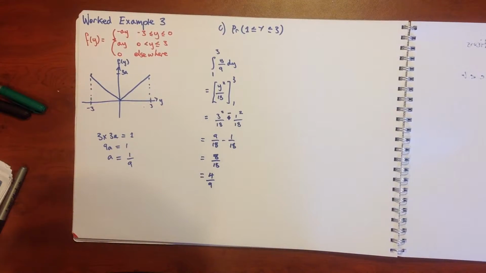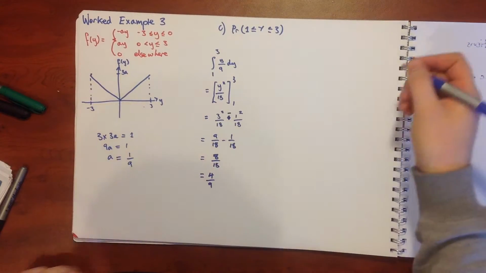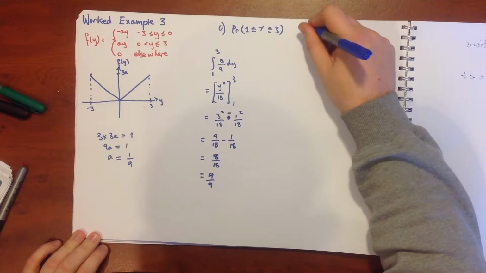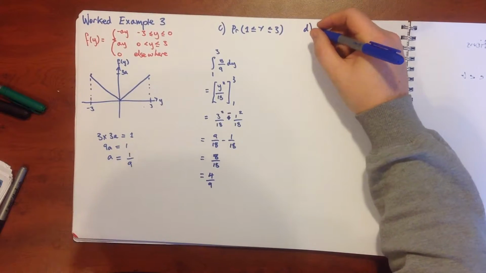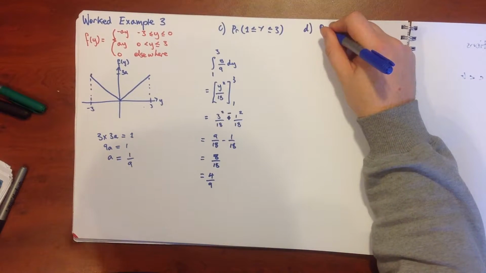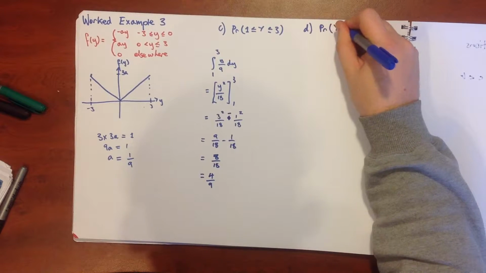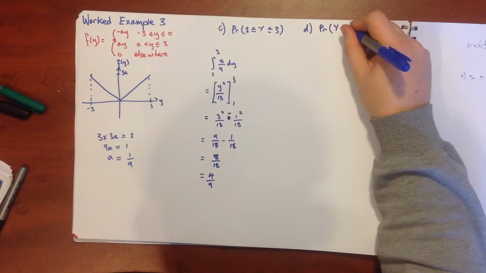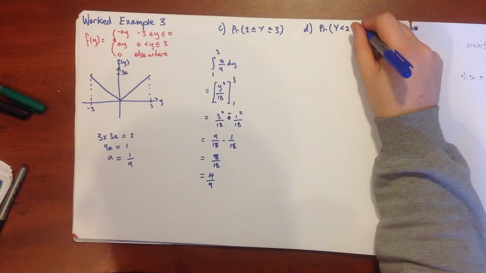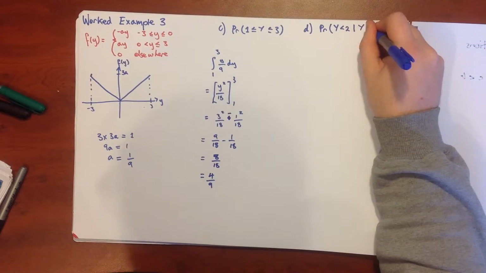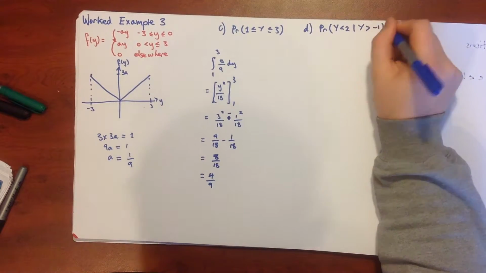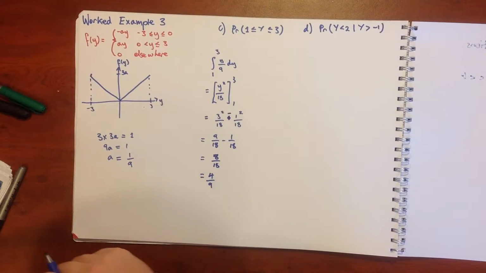And then part D. What we want to do for part D is find the probability that y is less than 2 given that y is greater than -1. So we're doing a given question for this one.